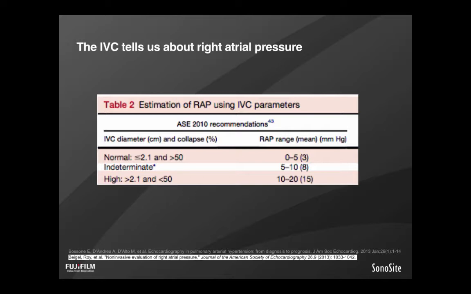I'm not going to read this table to you, but suffice to say that a large non-varying IVC is an elevated right atrial pressure somewhere between 10 and 20, and the average of 15 is typically used. And a very small IVC, or one with significant variation, corresponds to a low CVP, somewhere around 0 to 5, and everything else is kind of in the middle.